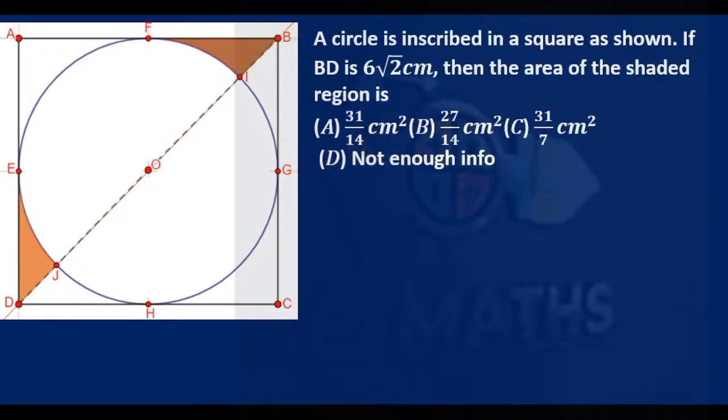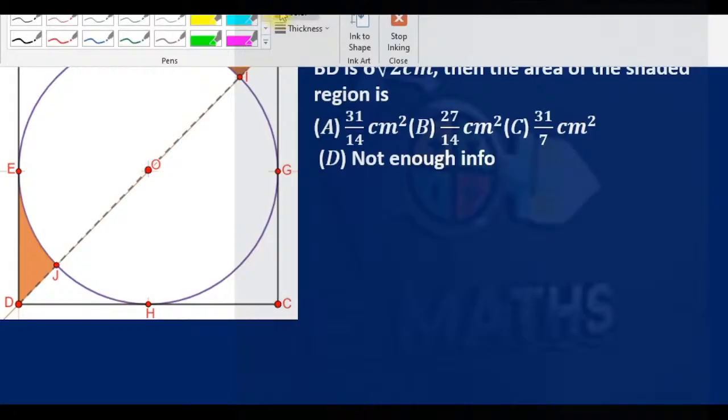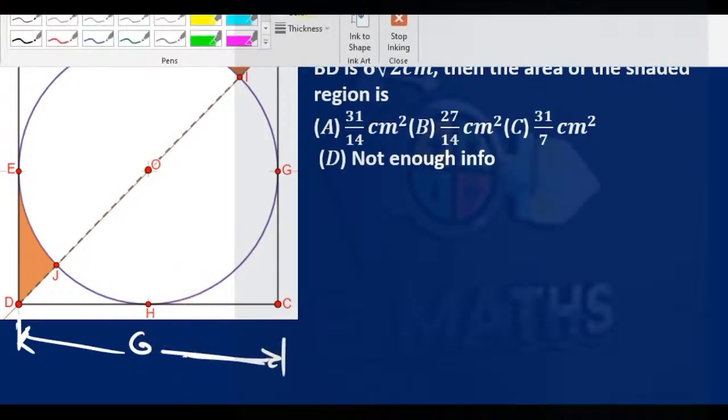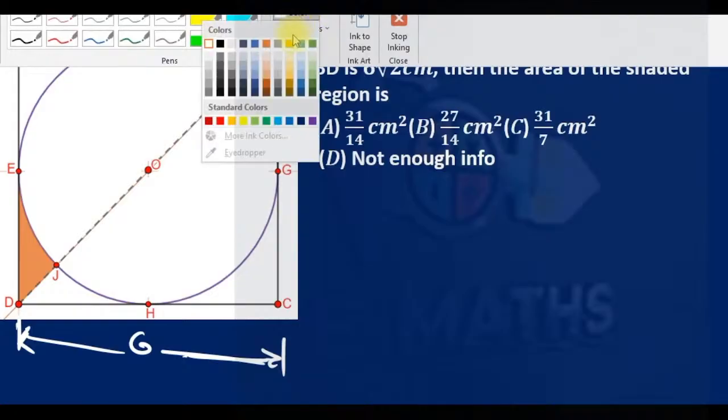Okay, you know BD is the diagonal, and this is a square, so from here to here, the length is 6 by the 45-45-90 triangle theorem.